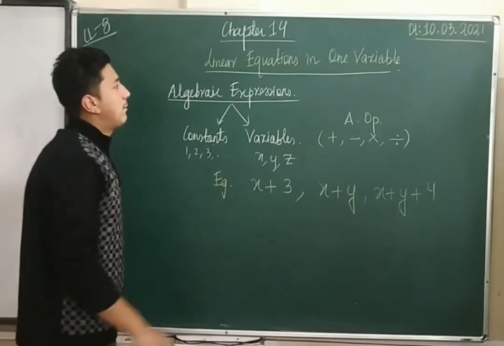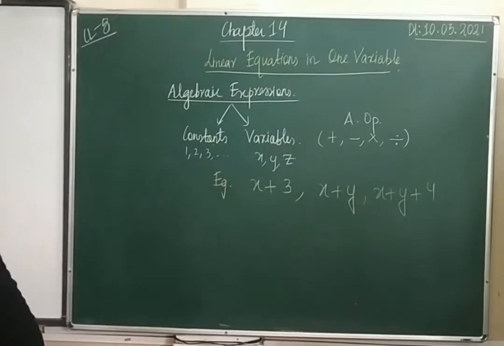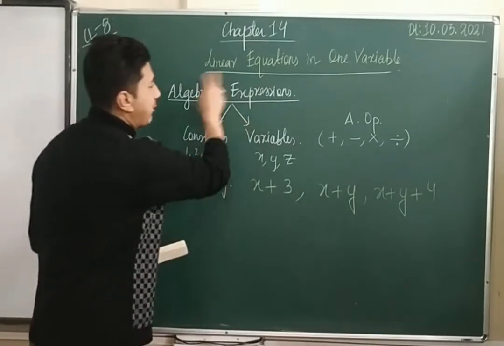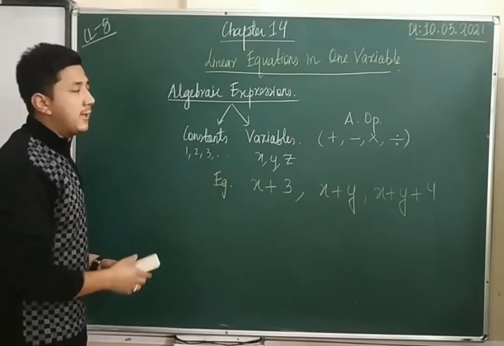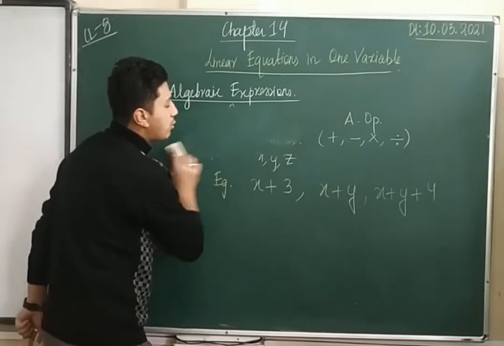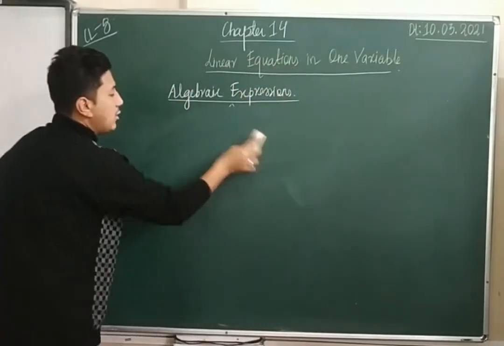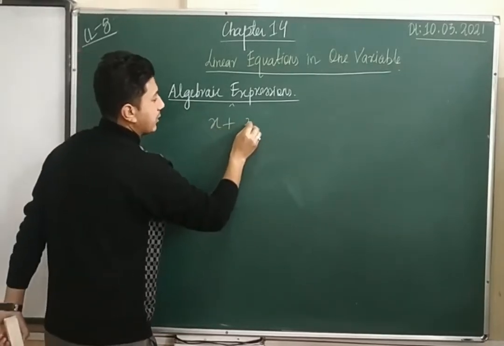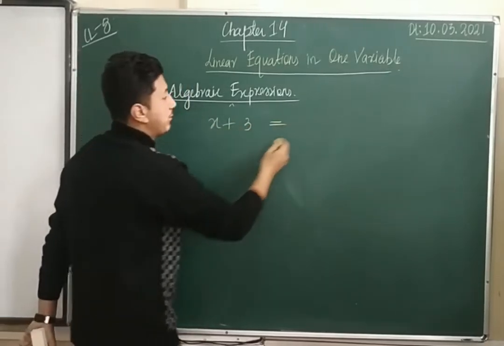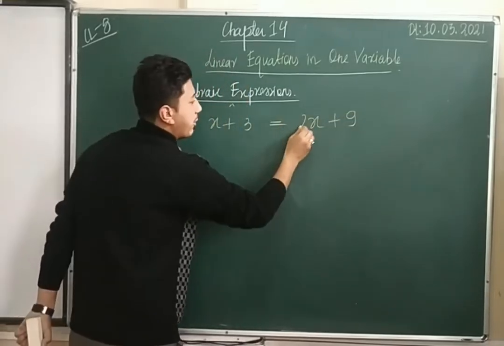Now we'll learn about equations. What is actually an equation? Are we clear with algebraic expressions? If you are clear, please pause the video, you can make a note of it. Equations means when two algebraic expressions are equal. Suppose I have x plus 3 is equal to x plus 9, or 2x plus 9.